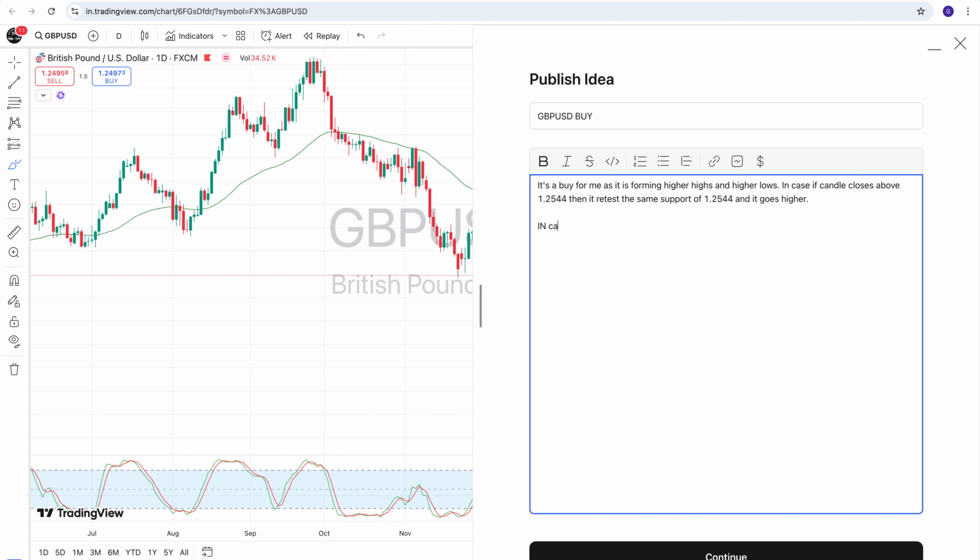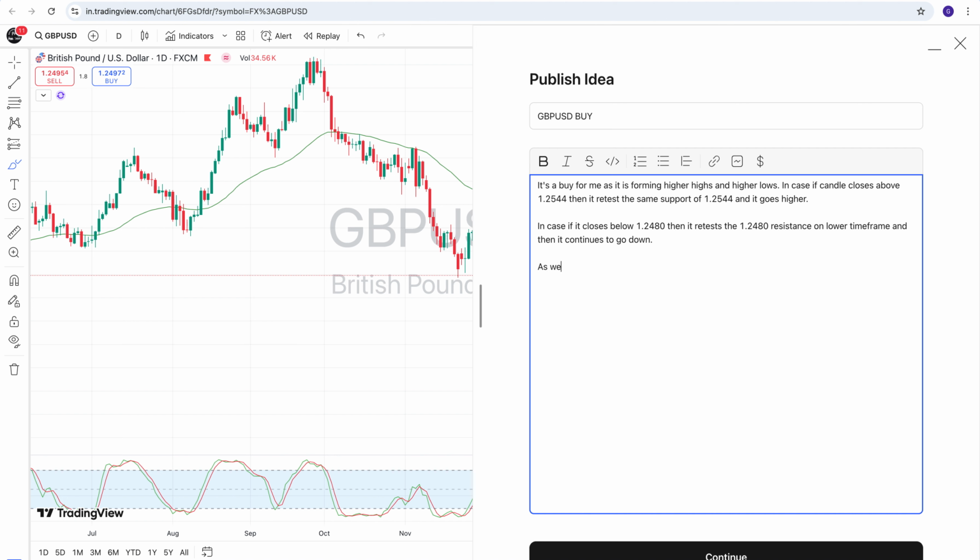In case it closes below 1.2480, then it retests the 1.2480 resistance on lower time frame, and then it continues to go down.